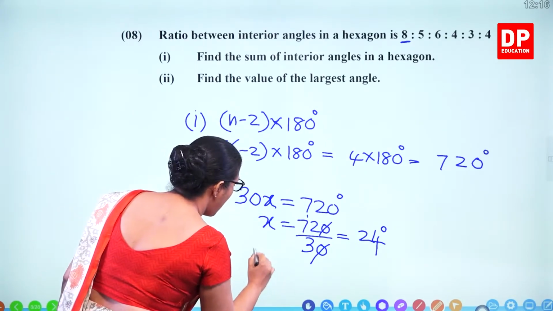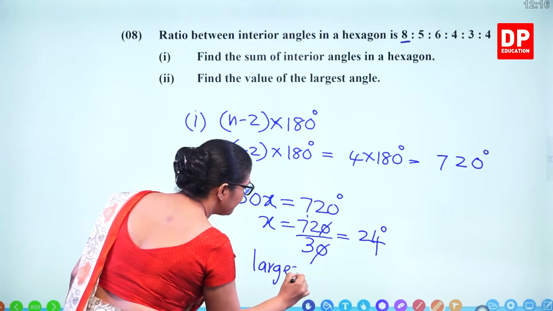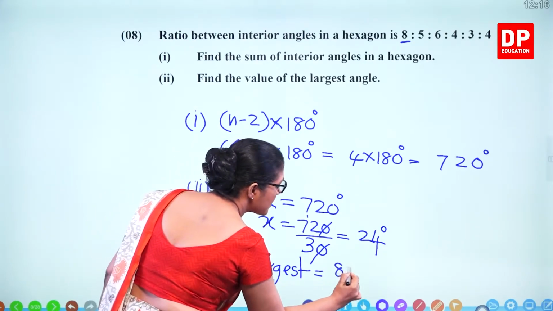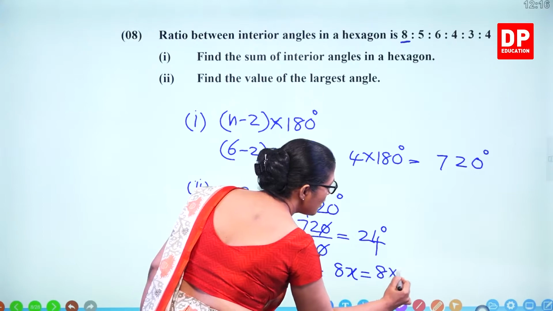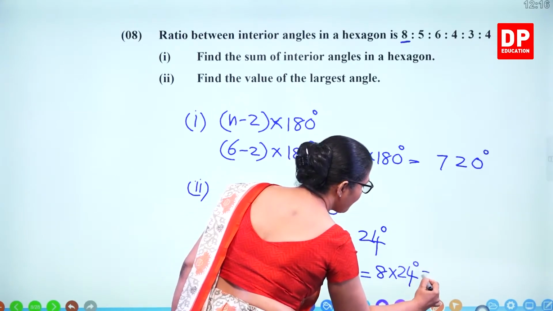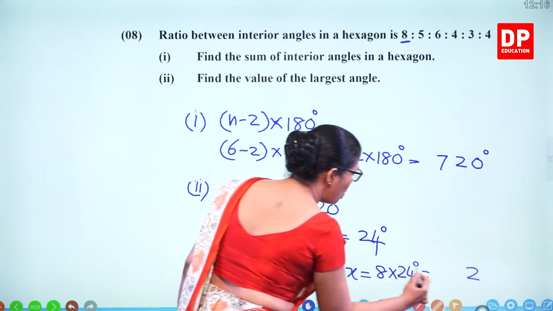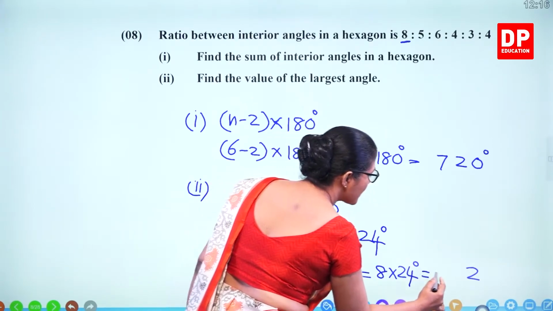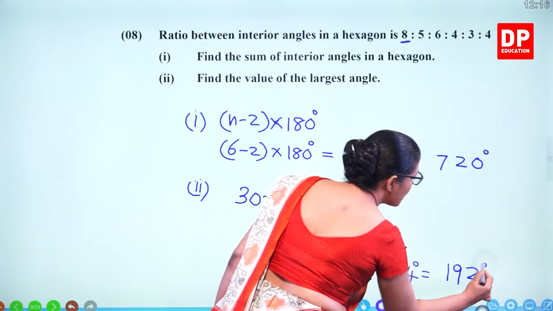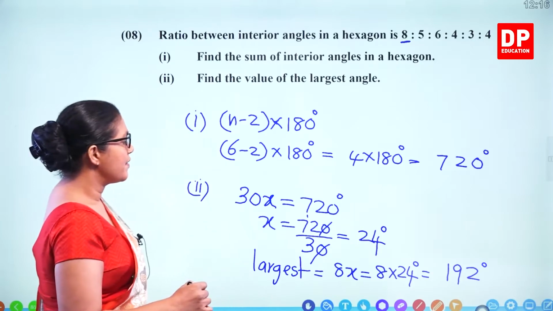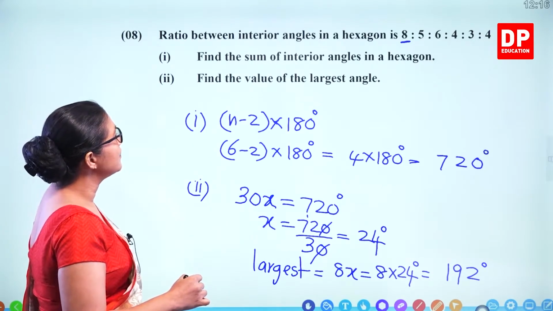So largest one is 8x. That's 8 times 24. 8 times 4, 32. 8 times 2, 16 plus 3, 19. So 192 degrees. So that's the largest angle.